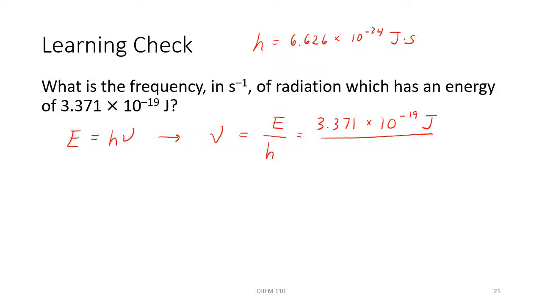So dividing by Planck's constant, 6.626 times 10 to the negative 34th joules times seconds, joules will cancel, and we have seconds left in the denominator, which is the same as 1 over seconds. Our frequency of this energy is equal to 5.09 times 10 to the 14th inverse seconds.